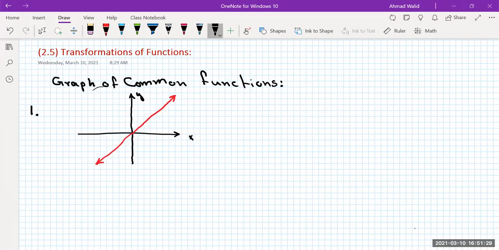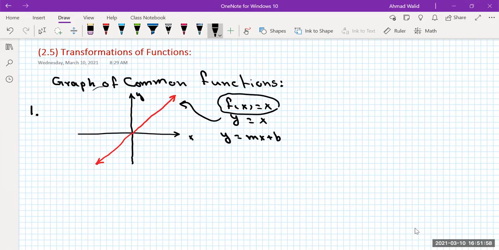This function is f of x equal x, or in another way, y equal x. This line is y equal x, a straight line, or in general, y equal mx plus b. The simple form of it is f of x equal x, a diagonal line that passes through the origin, correct?